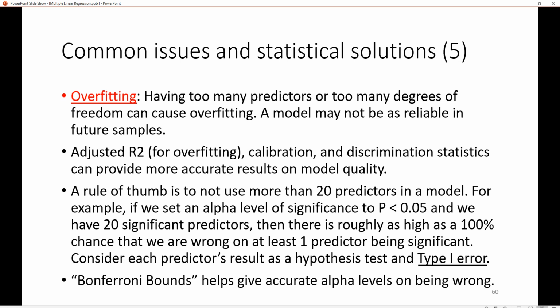Say, for example, if we're looking at lung cancer, we may not consider there being 20 different reasons why a patient might have lung cancer. We'd probably want to adjust for many things, but less than 20 is a pretty safe number of predictors that should give you reliable estimates in future data.